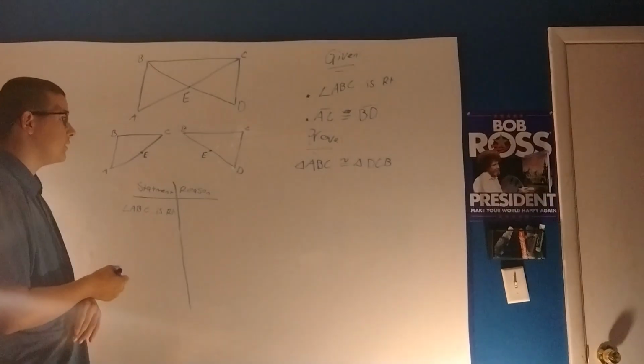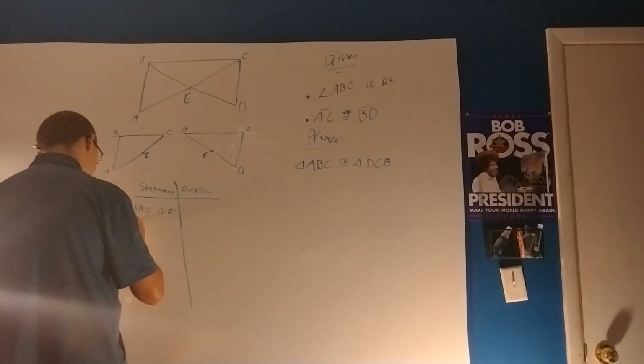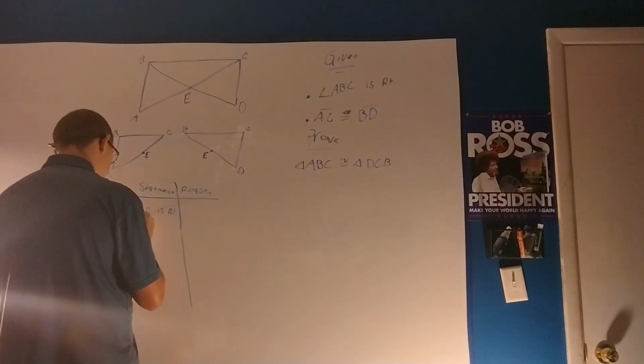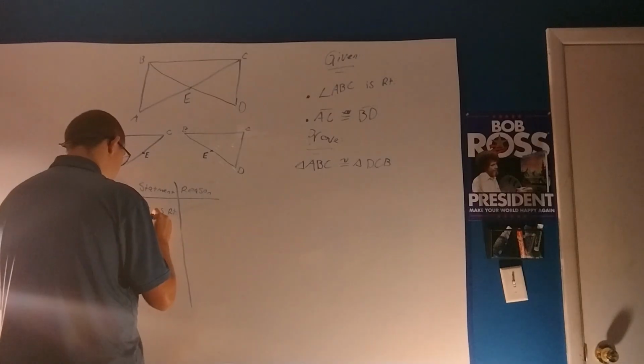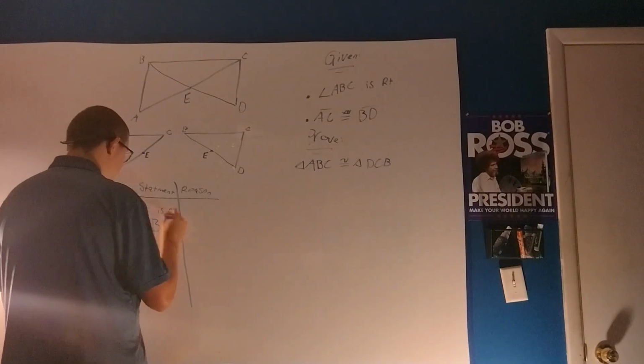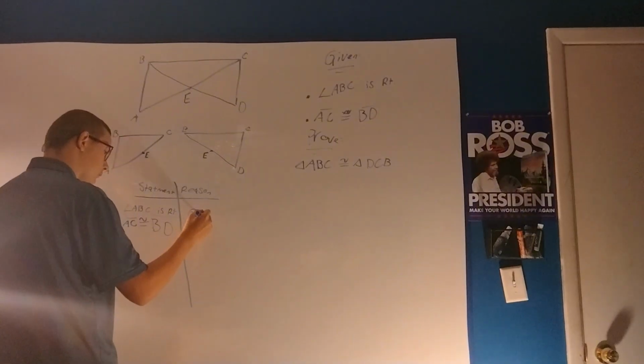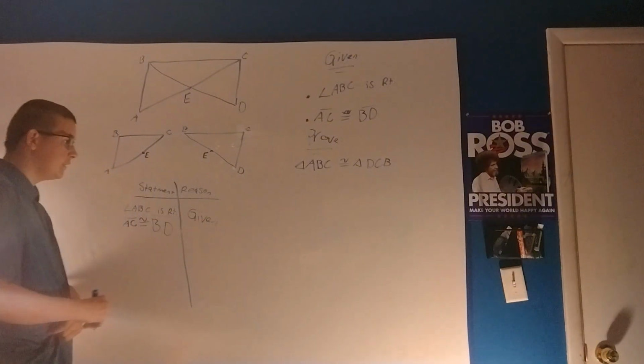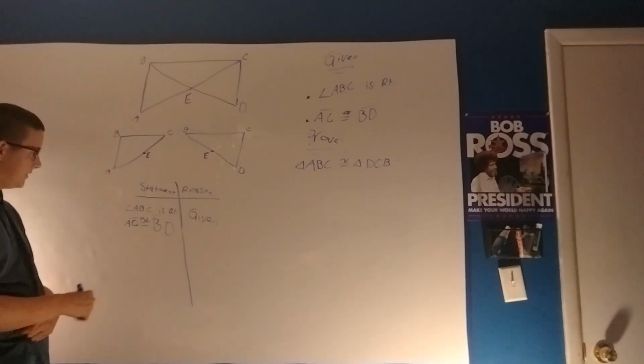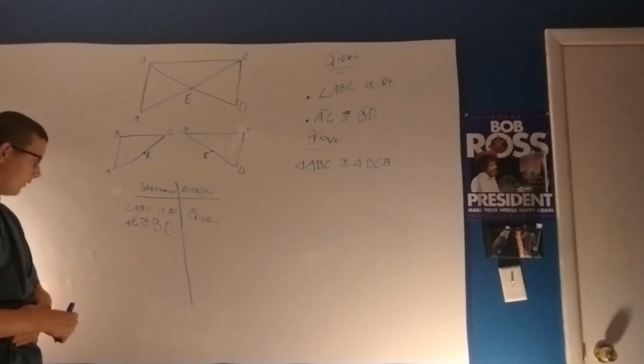And AC is congruent to BD, and this is because it is given.